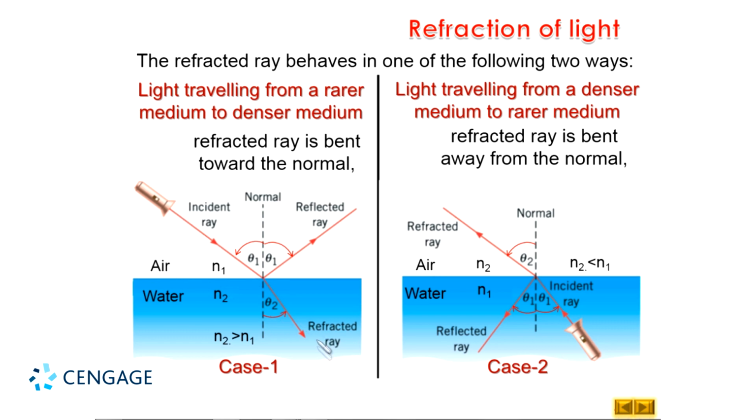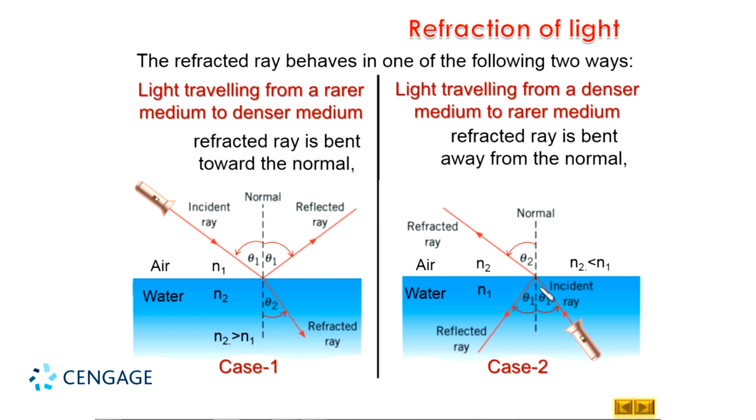You can verify here in case 1, this is the path, you can follow this path, and you can observe here in case 2, this is the path of the light ray. You can observe the path of the light ray is the same. That means the direction of the ray in case 1 can be reversed to give the situation depicted in case 2.